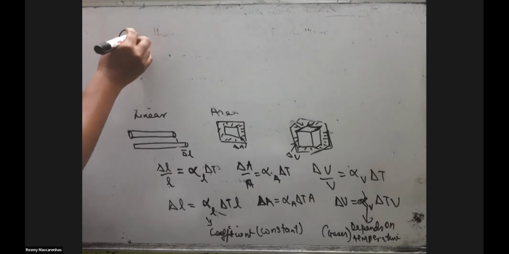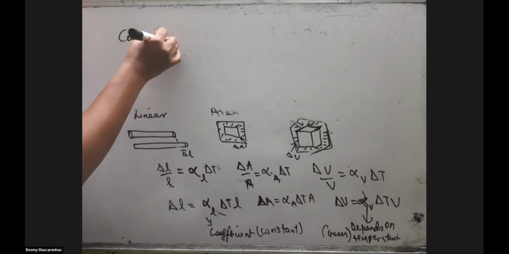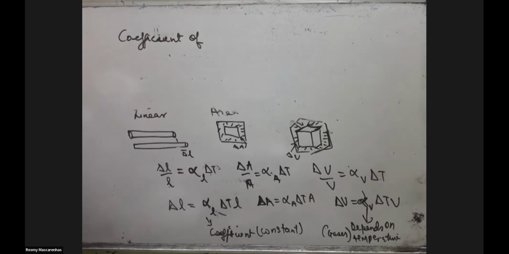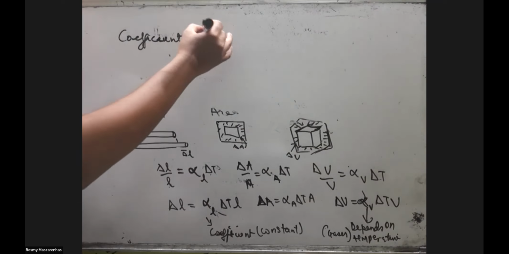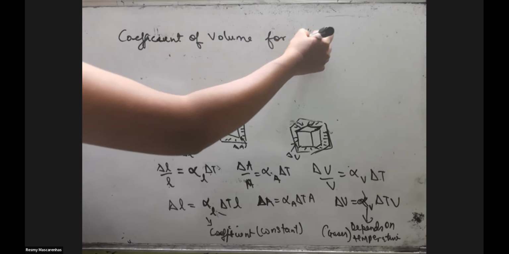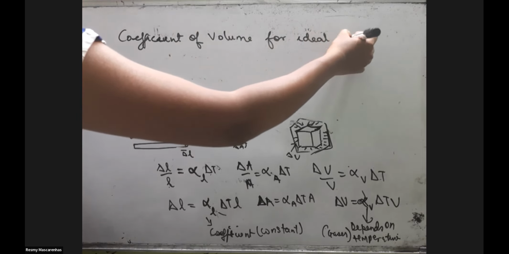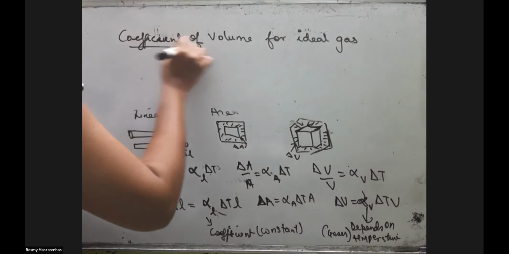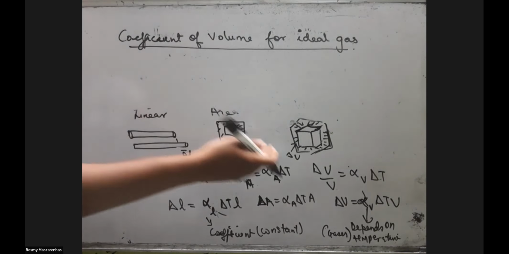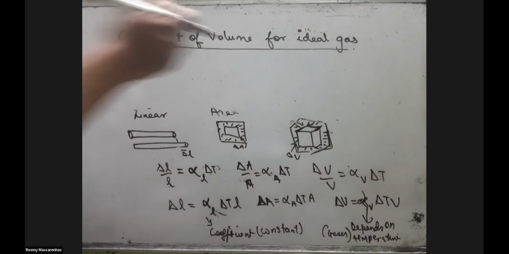So we'll find the coefficient of volume expansion for an ideal gas. This alpha V we are calculating for a gas.